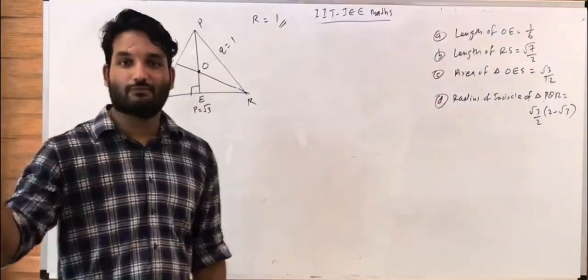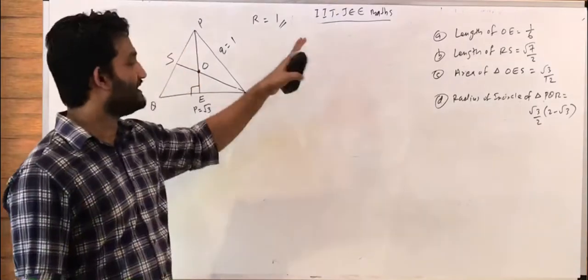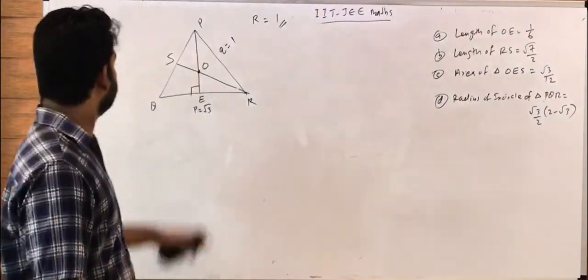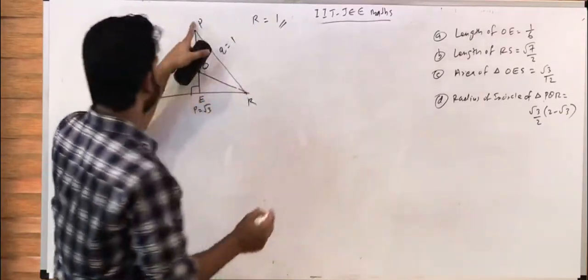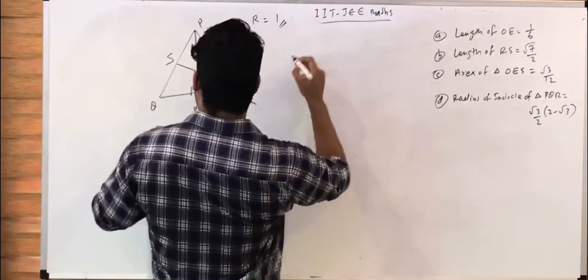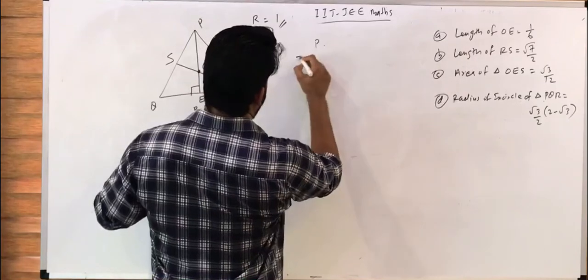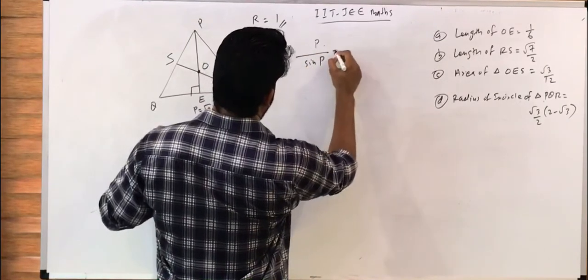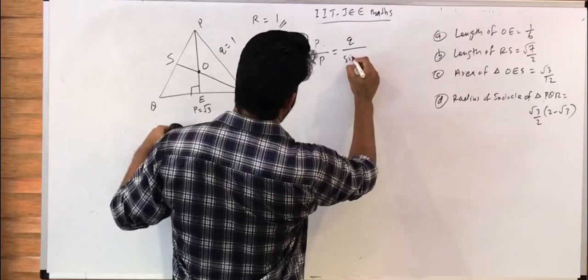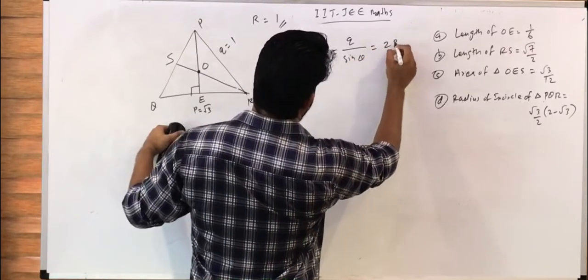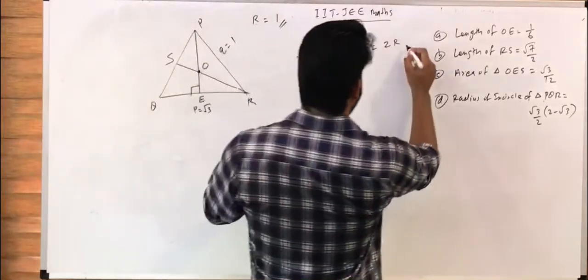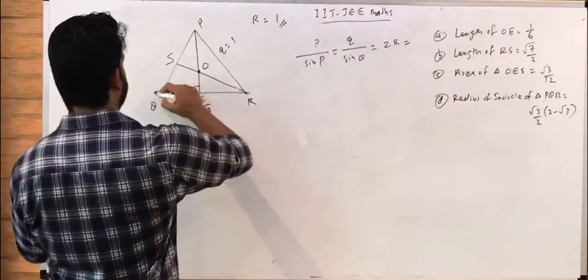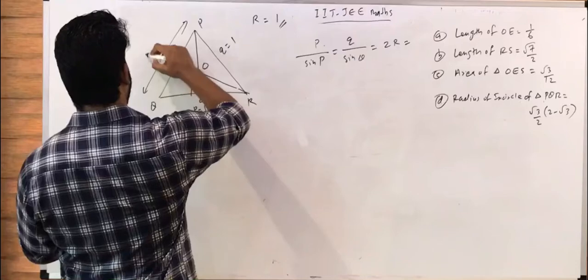Here first I am going to apply the extended sine rule for triangles. When I apply this, we get p divided by sine p is equal to q divided by sine q, that is equal to 2r, which is also equal to r divided by sine r, since this side is given as r in the question.